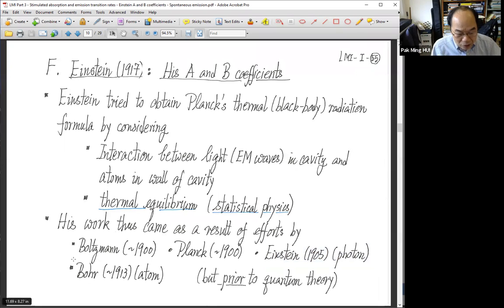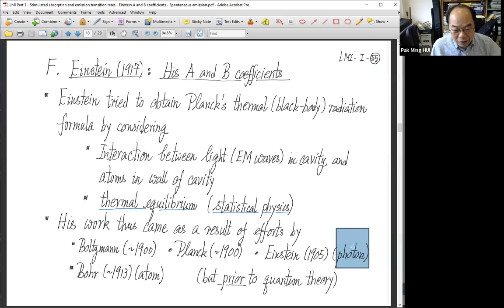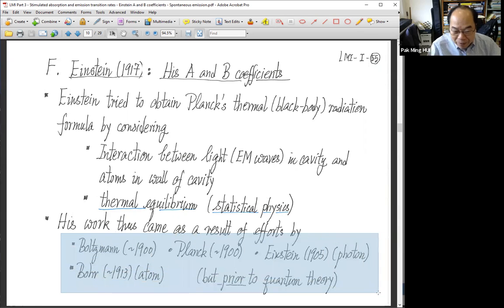And then we also have Bohr, 1913, his model of the hydrogen atom, whereby there are stationary orbits, but in order to go with the spectrum, the electron could have transitions from one orbit to the other. The energy difference will be given out according to Einstein's photon. So, you know, the development is rather logical in time.